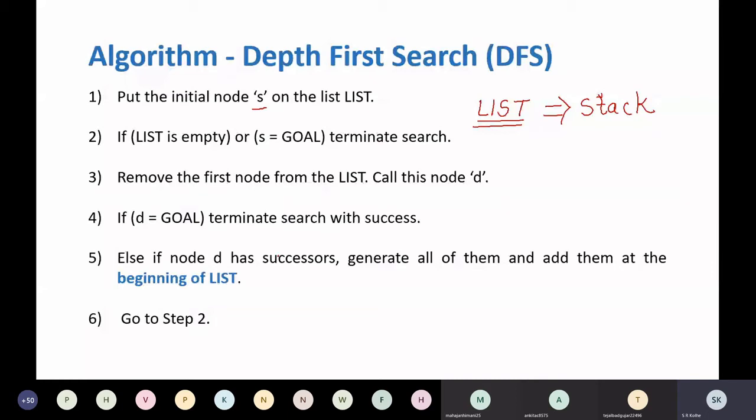If no, explore it, generate all the successors, add them to the beginning of list every time, so that always you will be moving along with the depth of the search tree, and you are going to repeat this until the list is empty. Two possibilities are there: until the list is empty or you reach to the goal. If you reach to the goal, what is the meaning of that? That you found the solution, so return the solution path, right? Terminate the search. If list is empty, that means what is meaning of this?